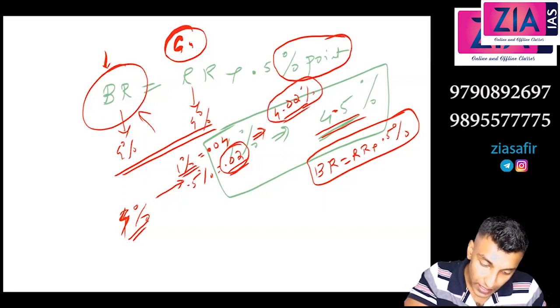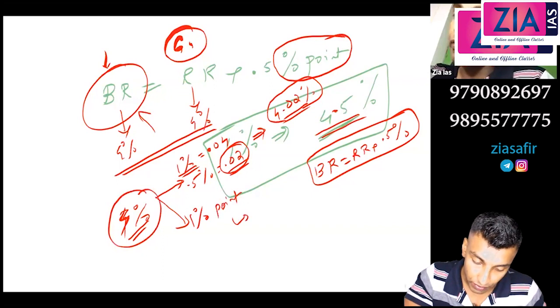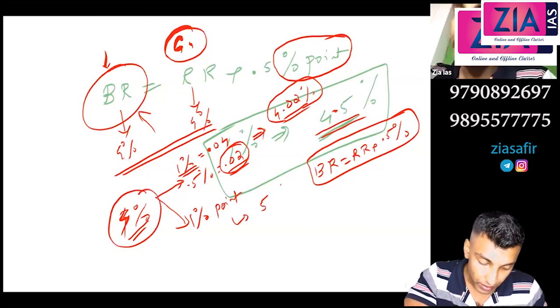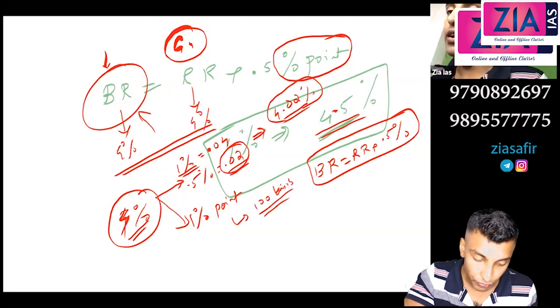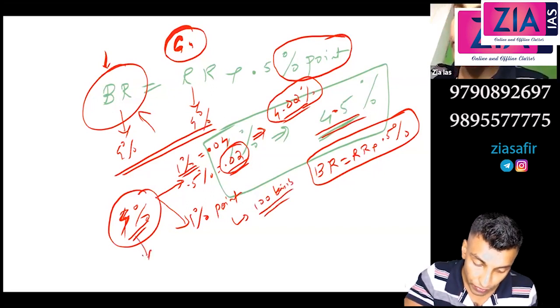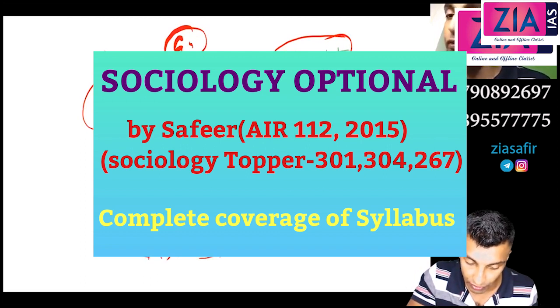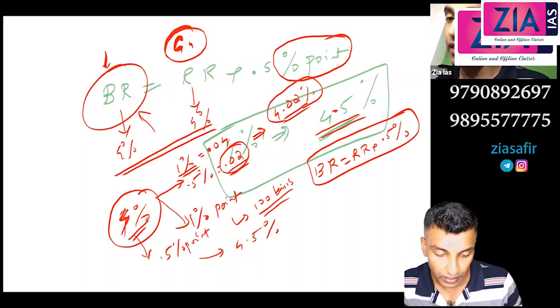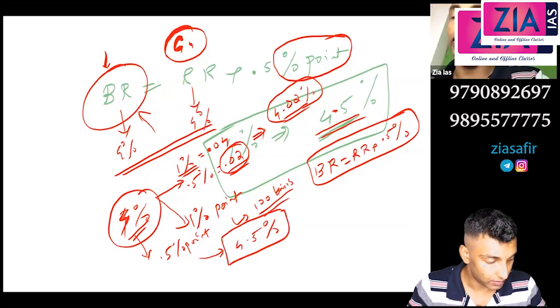But if I am saying percentage point, 1 percentage point means if this is 4, this is going to be 5. 1 percentage point means 100 basis points. So if it is 0.5 percentage point, it is 50 basis points. So I can actually write 4.5 percent. Have you got this point clear? So I won't say it is percentage, it is percentage point.